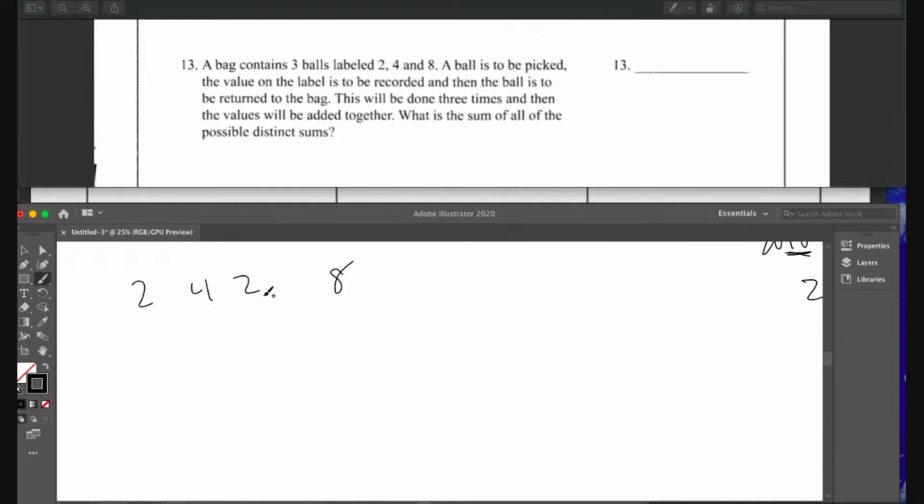We want to find the sum of all possible distinct sums. So if we pick 2, 4, 2 and get 8, and then we pick 2, 2, 4 and also get 8, we only want to count this 8 once. Once we've counted this 8, no matter if we get the sum of 8 again, we only want to count it once.